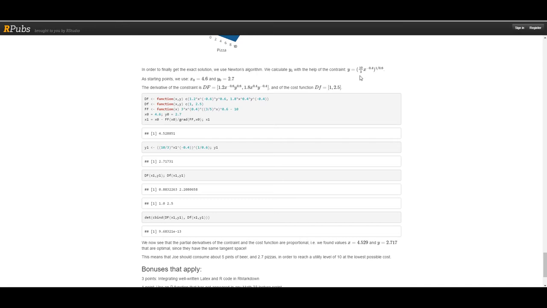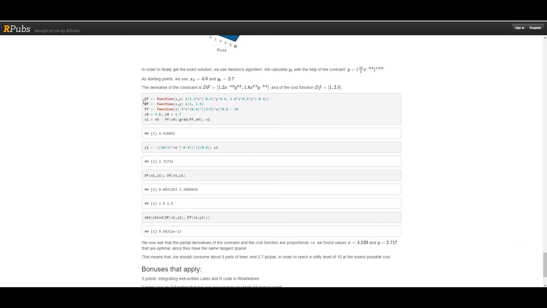We restructure our expressions and get y1 with the help of the constraint, and set x0 and y0 as starting points, namely we take 4.6 and 2.7. We also calculate the partial derivatives of the constraint and cost function.